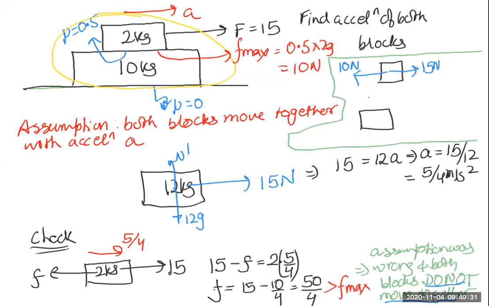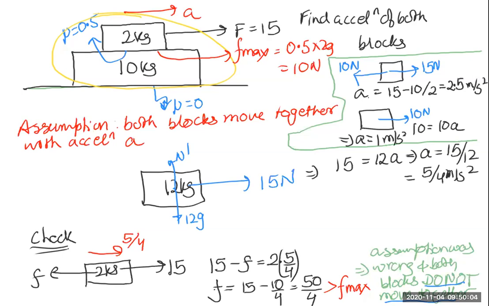So the acceleration of the 2 kg block is equal to 15 minus 10 divided by mass, that is equal to 2.5 meters per second squared, and the acceleration of the 10 kg block, which is only due to friction, will be given by 10 is equal to 10A, and this implies that A is equal to 1 meter per second squared.